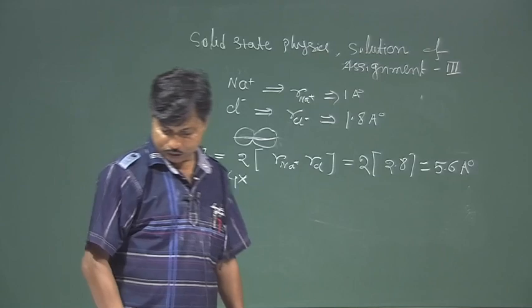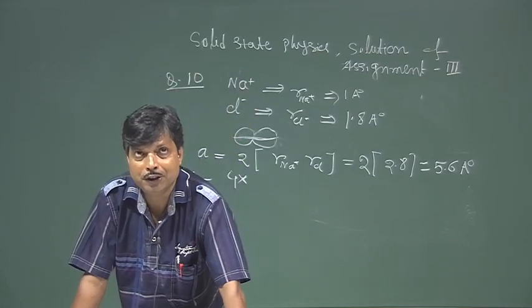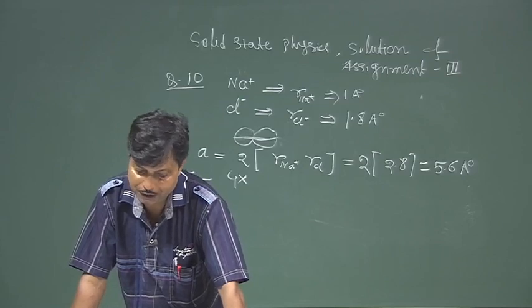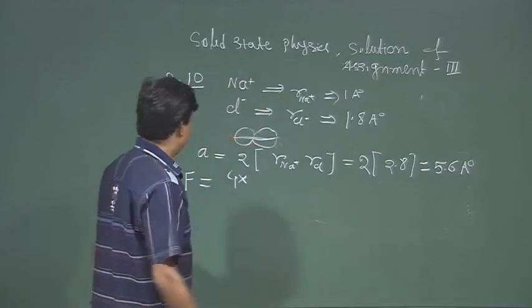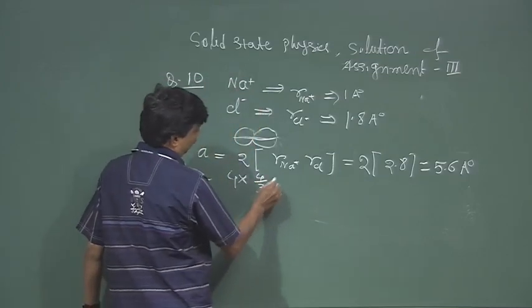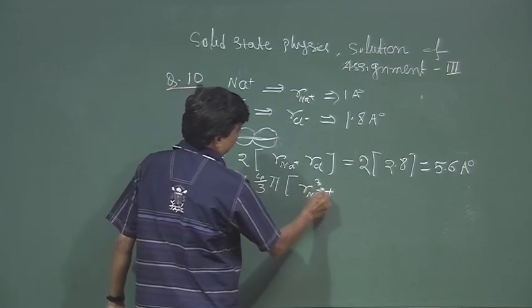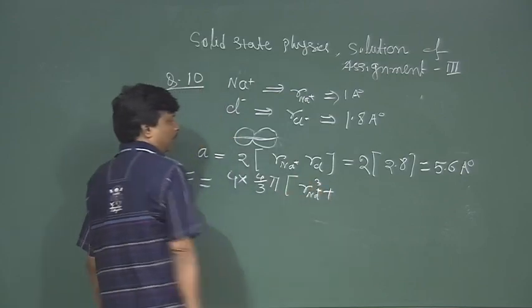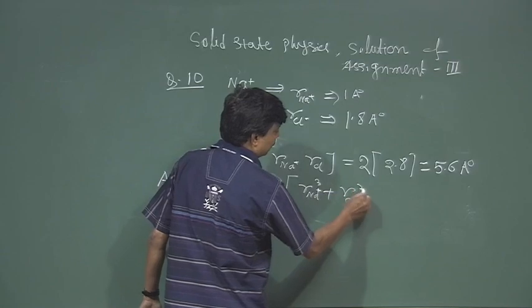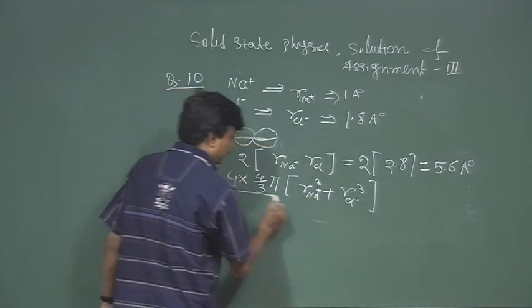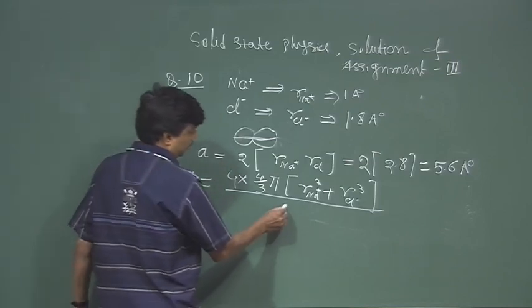Here, the number of lattice points per unit cell is 4. So, it will be 4 into 4 third pi R Na plus cube plus R Cl minus cube, divided by the volume occupied by the unit cell, so this is A cube.